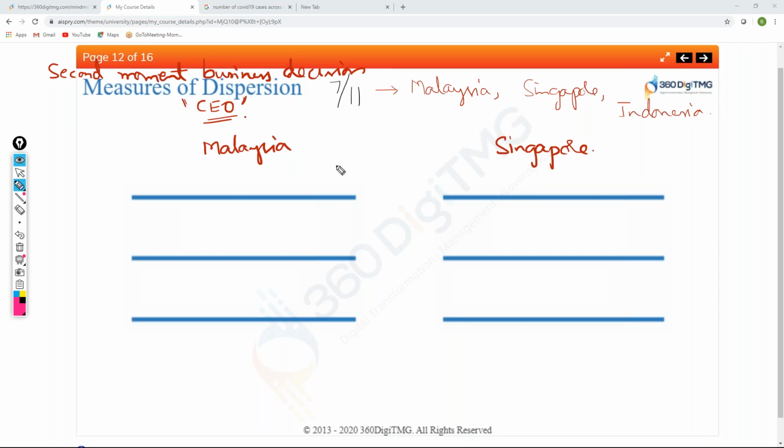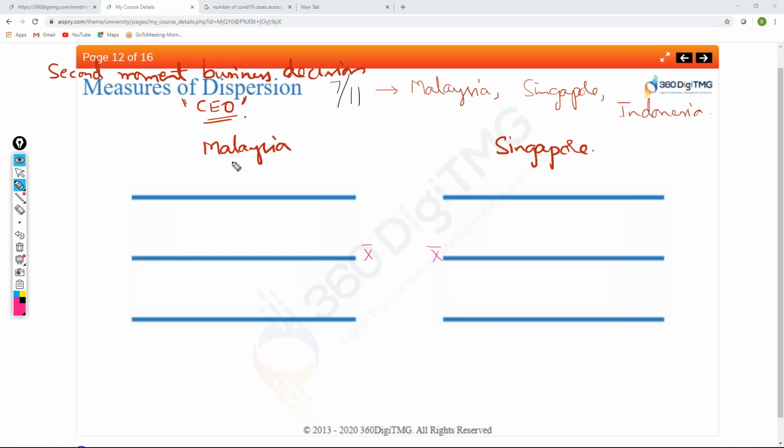If you have 6 months sales figures, can I take an average of that? I have 6 months sales data, month 1, month 2, month 3, month 4. Can I take an average, friends? Yes. That average is this line, assume, for Malaysia as well as you have for Singapore.